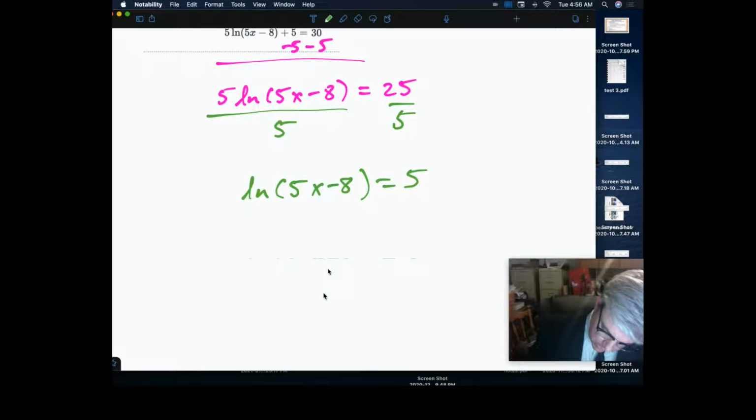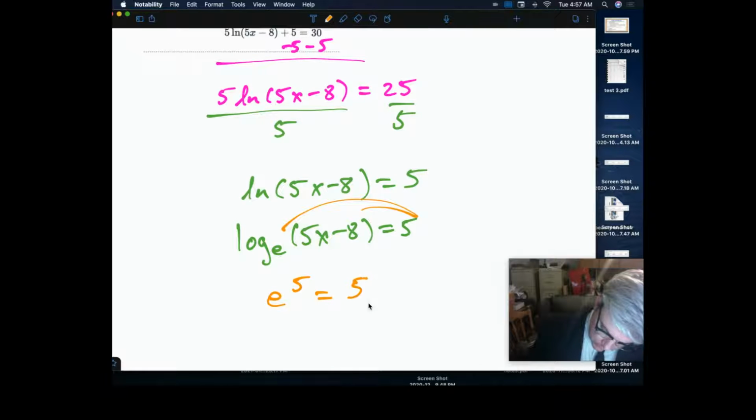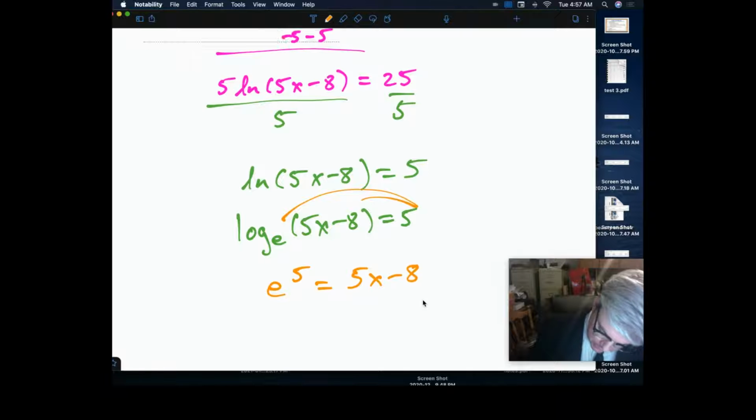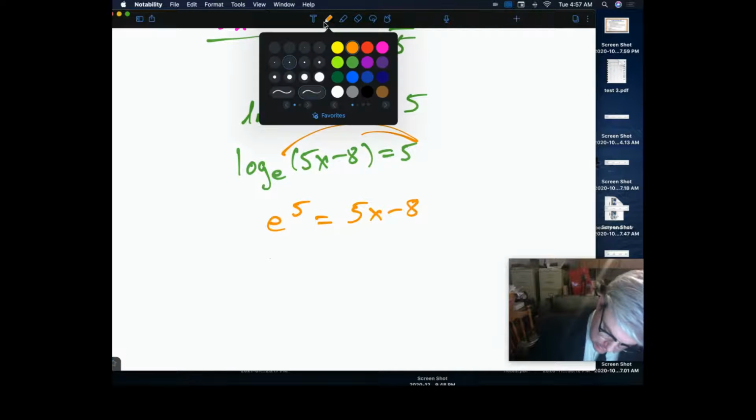And from here, what I'm going to do is remember that this is the same thing as log base e of 5x minus 8 equals 5. I'm going to claw it. You get e to the 5th equals 5x minus 8. And solve.